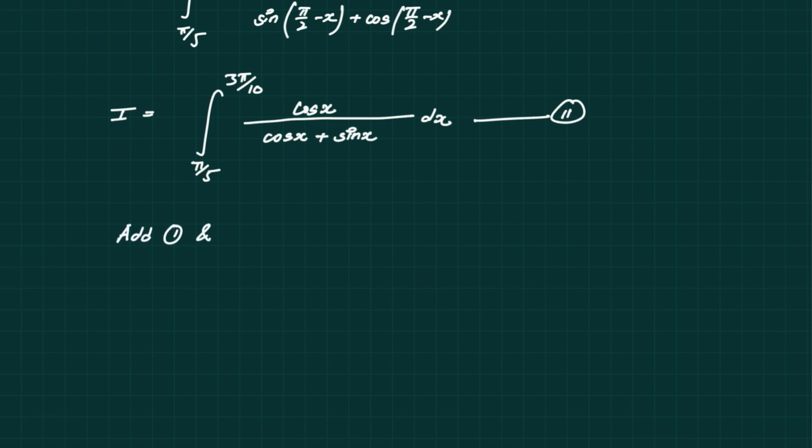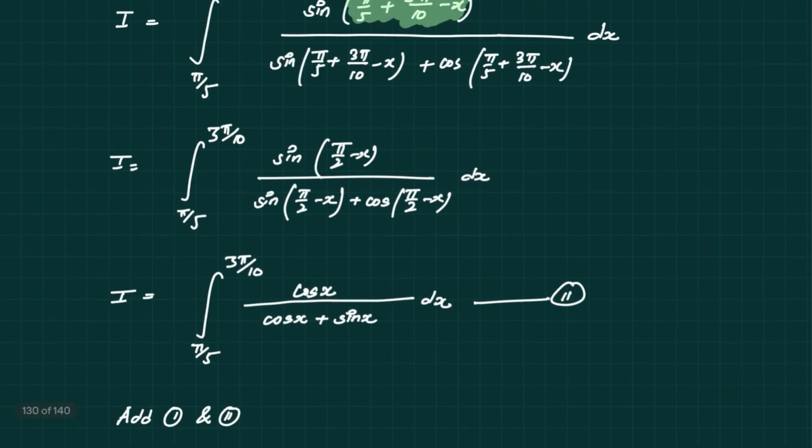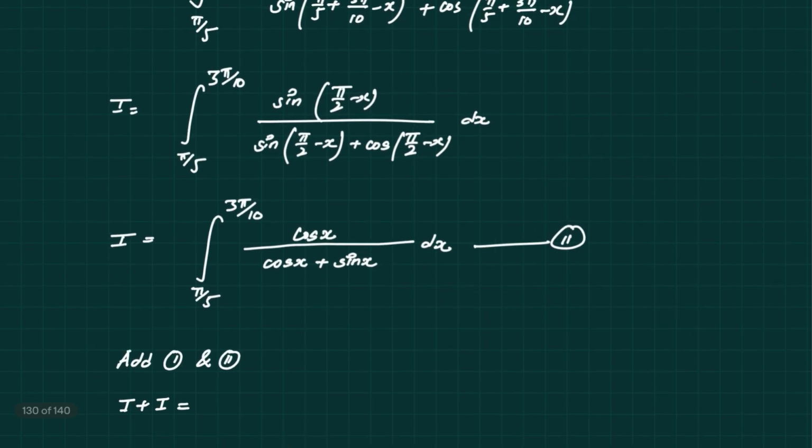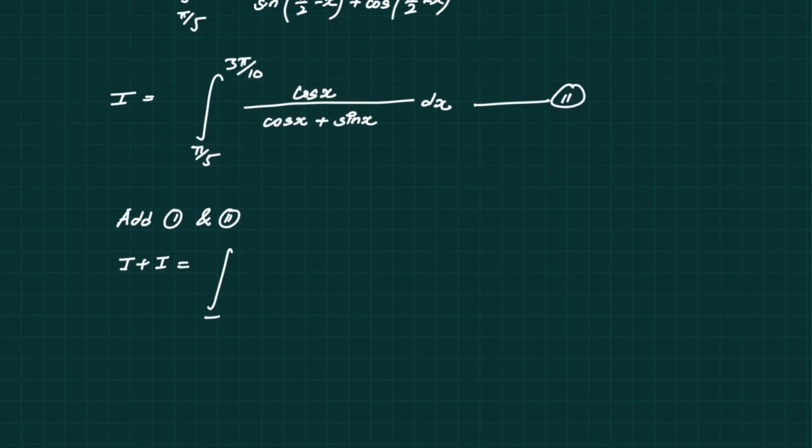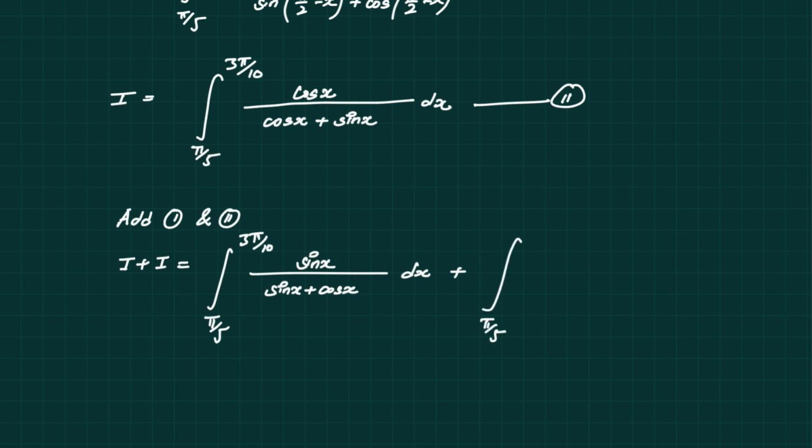Adding equation 1 and 2, we will have I plus I on the left hand side, and on the right hand side we will have integration of pi over 5 to 3 pi over 10 sin x by sin x plus cos x dx plus integration pi by 5 to 3 pi over 10 cos x by cos x plus sin x, which can be written as sin x plus cos x dx.